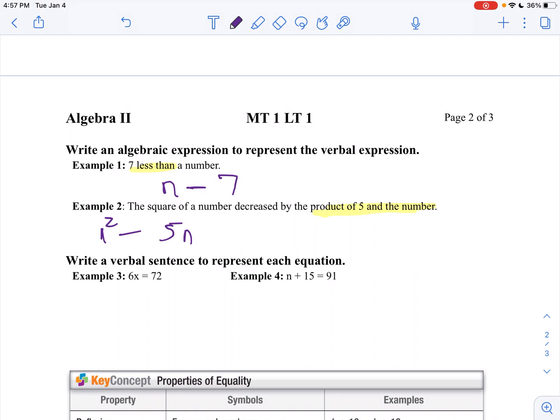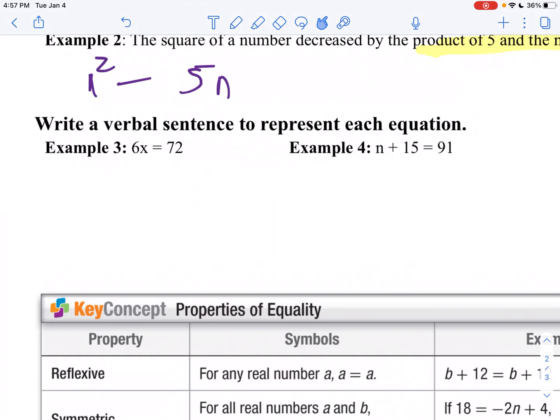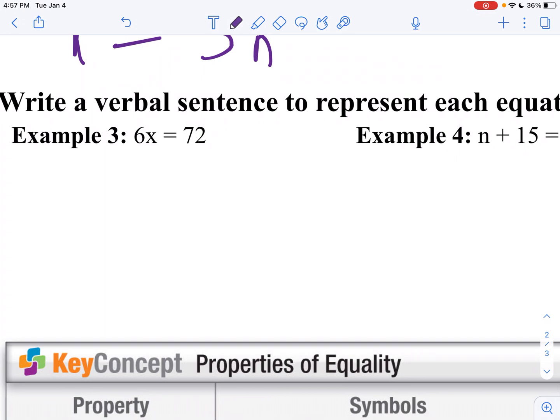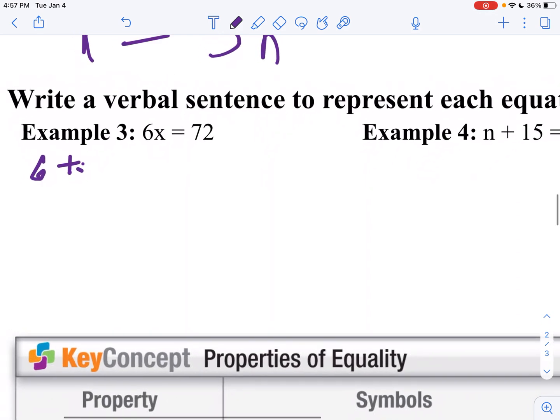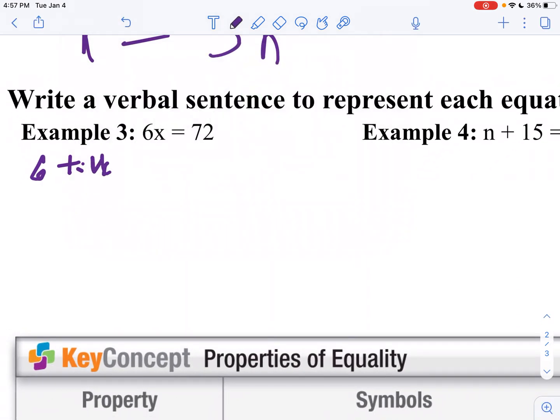Now, when I write an equation, I just have to make sure I include my equal sign. So on example 3, for example, I would say 6 times the number is 72. Is a good sign for equals. So 6 times the number is 72.